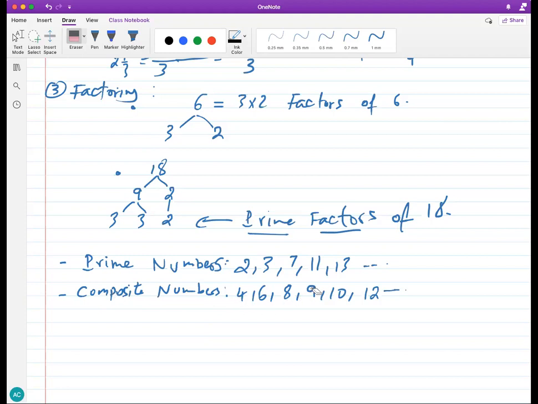It's a composite number, because you can turn that into 3 and 3. These are the prime factors. Prime numbers start from 2. Thank you, teacher.